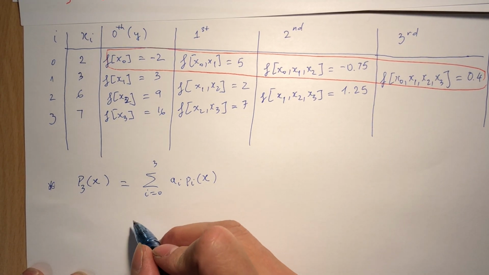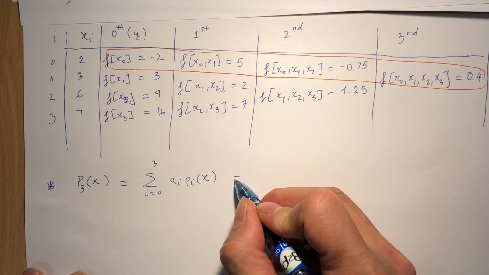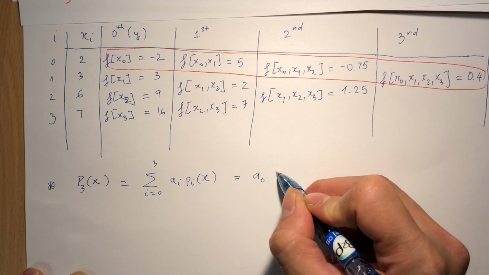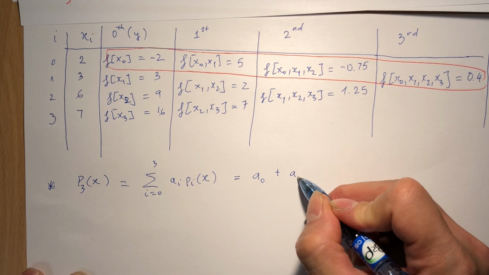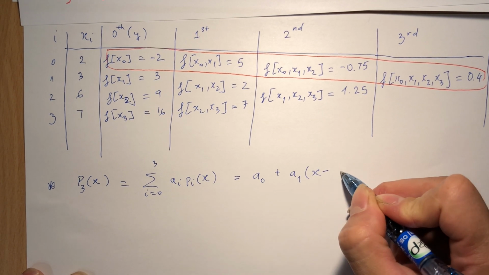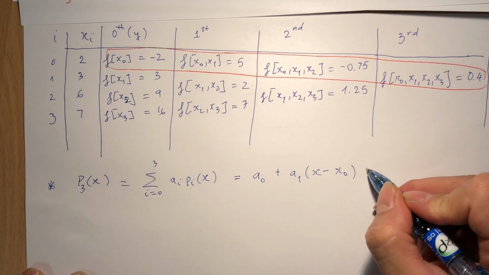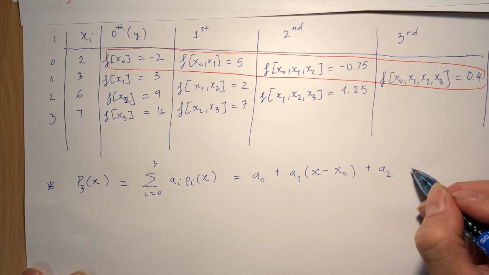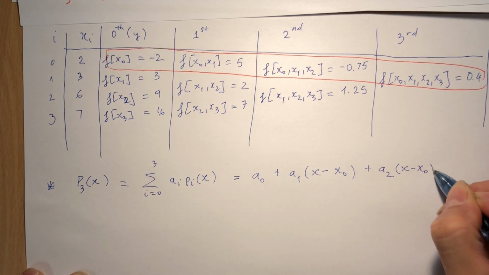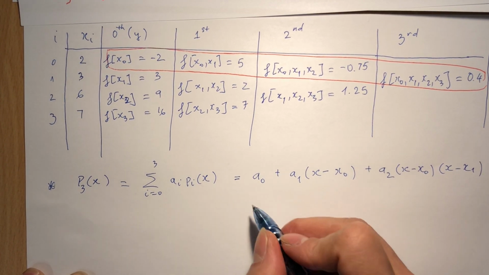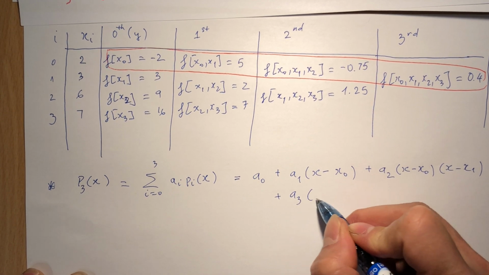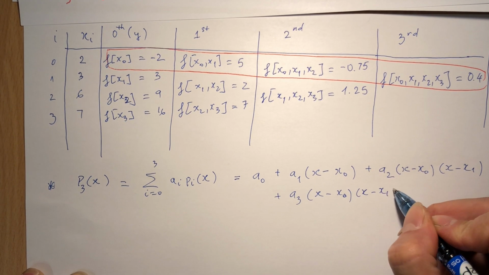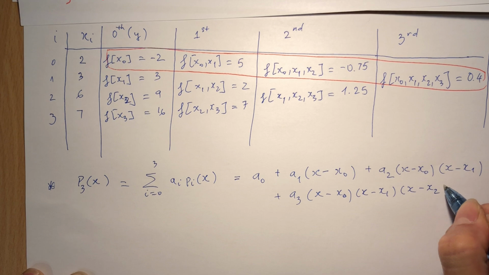So this one equals a0 plus a1 (x minus x0) plus a2 (x minus x0)(x minus x1) plus a3 (x minus x0)(x minus x1)(x minus x2).